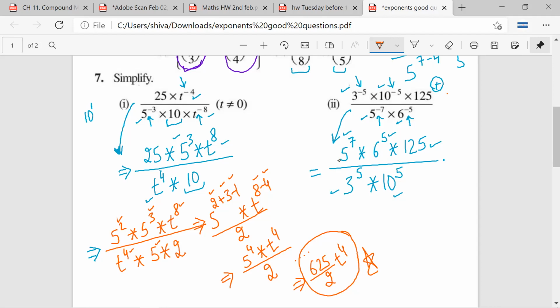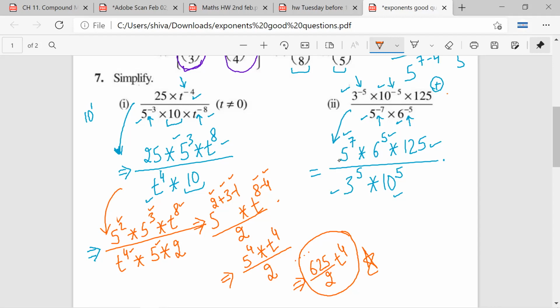Can you write it in this way? 5 raised to 2 into 5 raised to 3 into t raised to 8 into t raised to 4 into 10. At which step? This step or this step? Or the first step itself? No, after the second step. After the second step. This step? Yeah. Okay. What do you want?